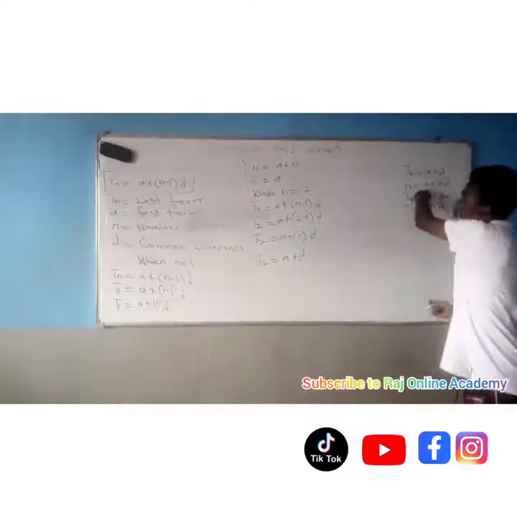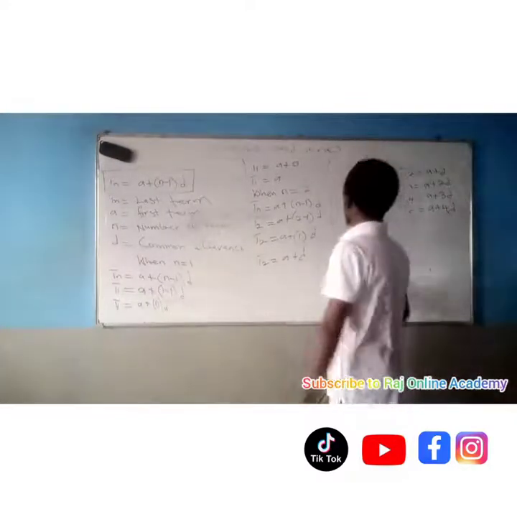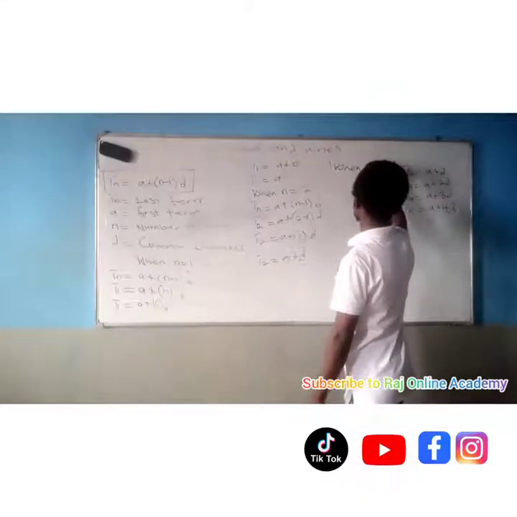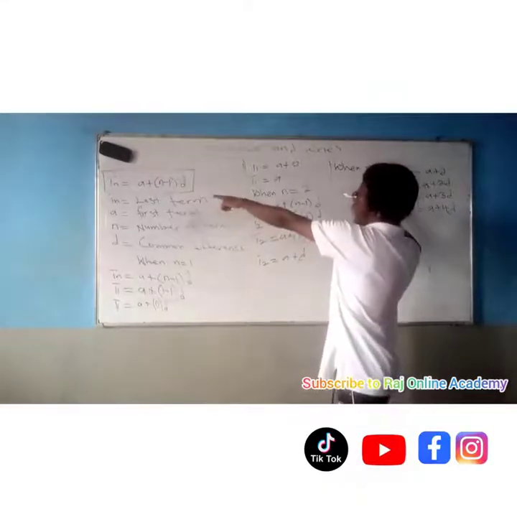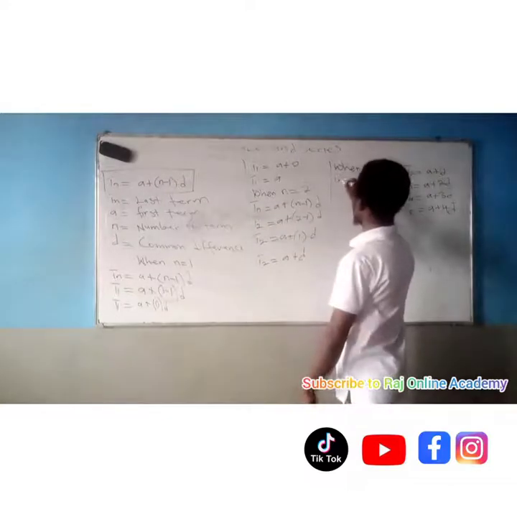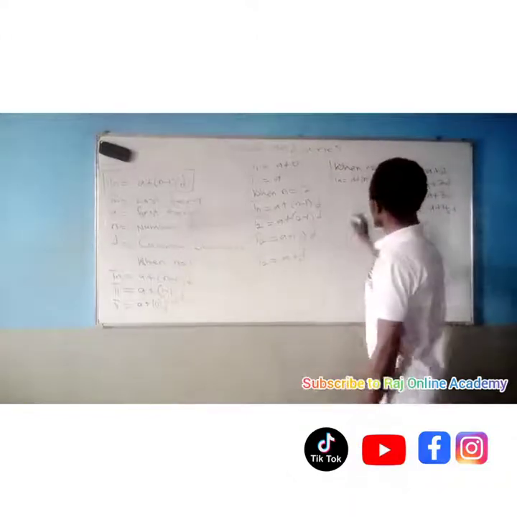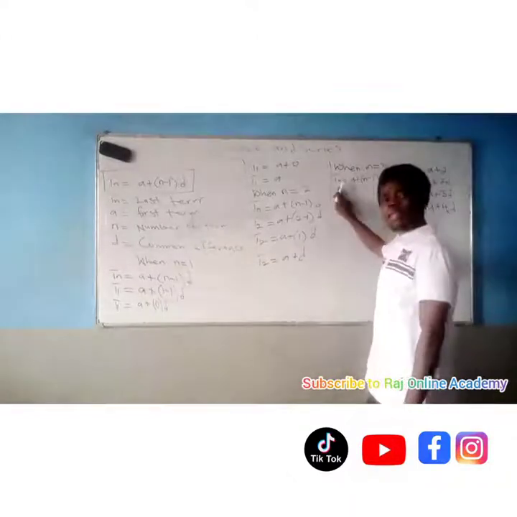Suppose we want to find this one also. When n is equal to 3, from the formula Tn is equal to A plus, in bracket, n minus 1, D. When we see n, we place 3.